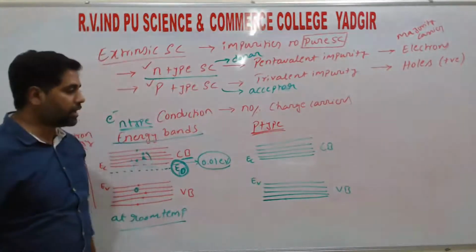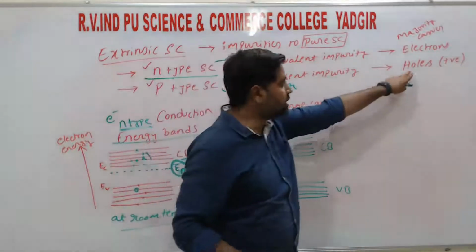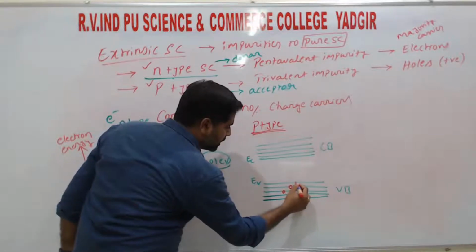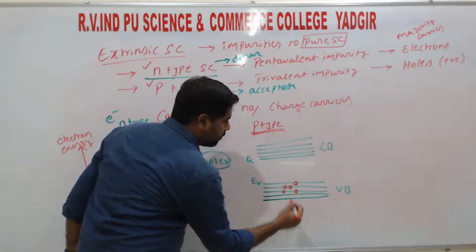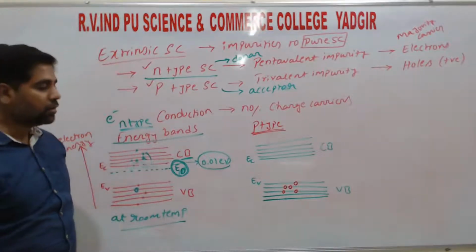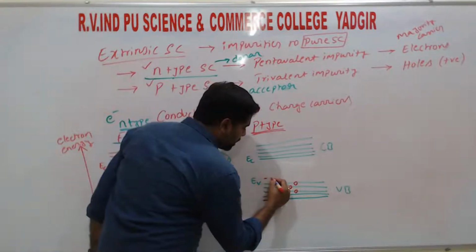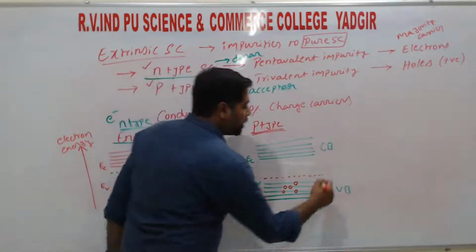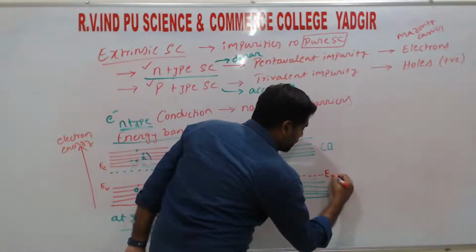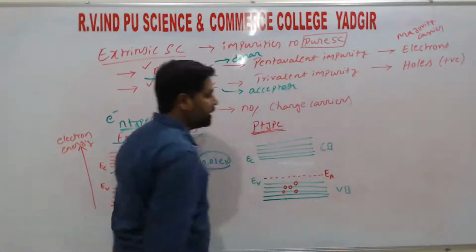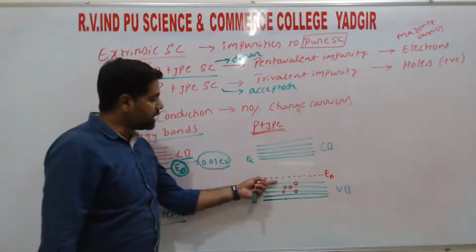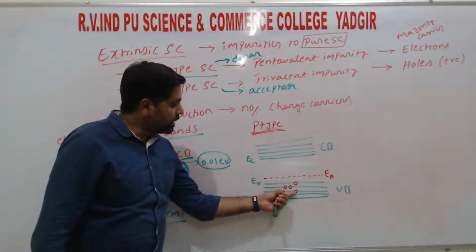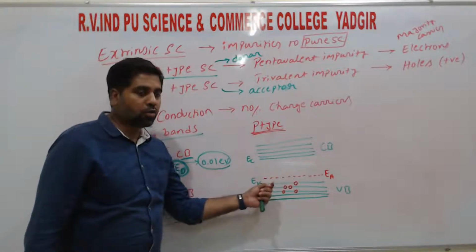In p-type semiconductor, the majority charge carriers are the holes. That means the maximum number of holes are present in the valence band, right? So for that purpose, one more extra energy level is formed just above the valence band. That one we call the acceptor band, and that energy level we call EA, right? This energy level is just formed above the valence band. That means this valence band has the maximum number of holes, right?